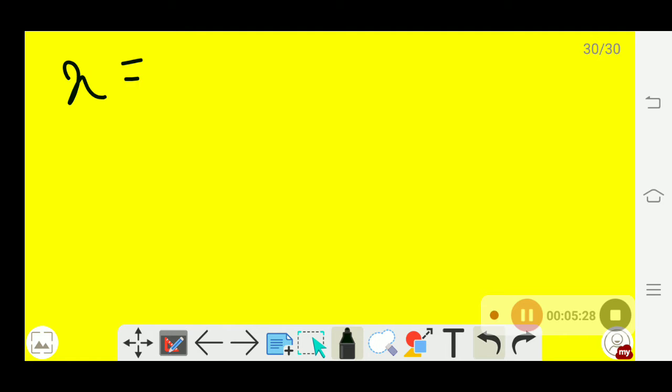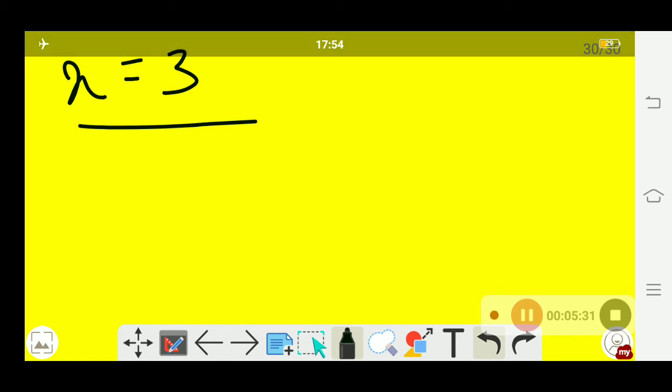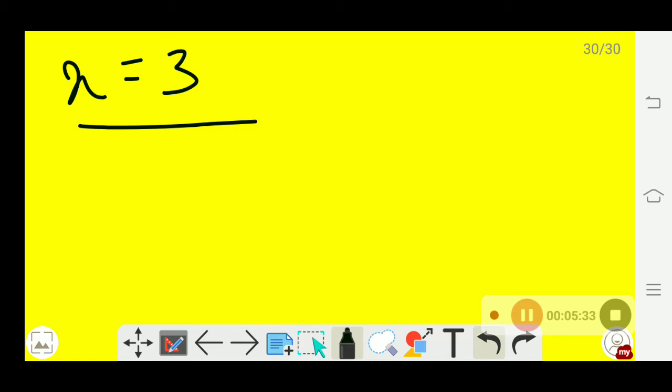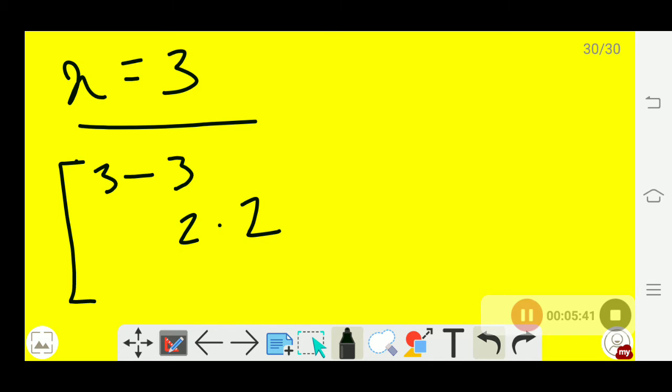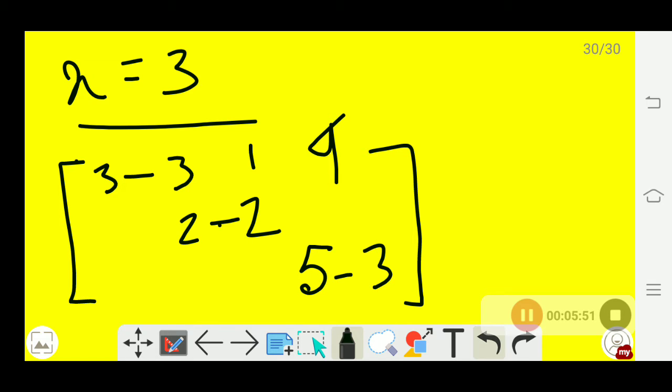For lambda is equal to 3, we have to do the same thing. A minus 3I is 3 minus 3, 2 minus 3, and 5 minus 3, with 1, 4, 0, 0, and 6 as it is.